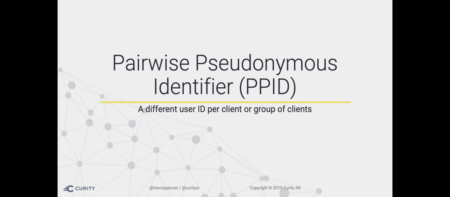So if you're opening up your data and your services to a bunch of third parties, it's important for them not to get a hold of the personally identifiable information, or the social security number, the personal number of that end user, so that they can start to see, okay, this is what the user bought over my service.